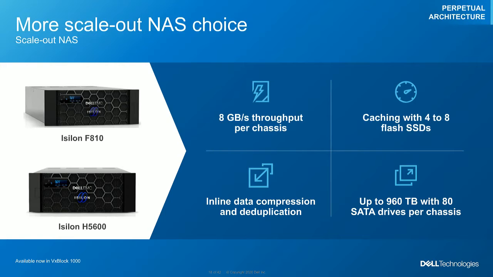Again, getting great throughput, caching with 4 to 8 SSD drives, but more importantly, getting benefits around inline data compression and deduplication. But when you look at the amount of storage availability, up to 960 terabytes within an 80 SATA drives per chassis. So that footprint, along with the inline data compression and deduplication, really allows for high levels of density.